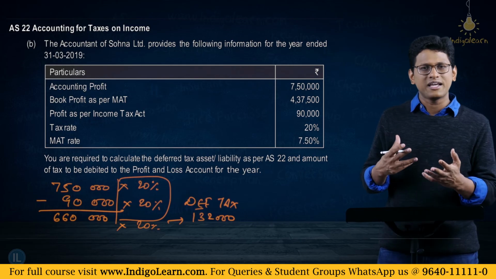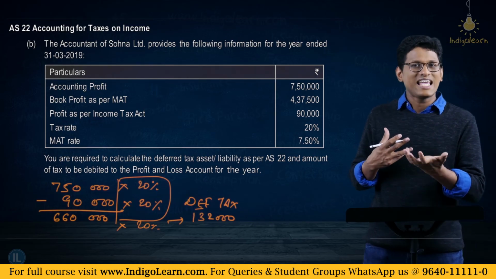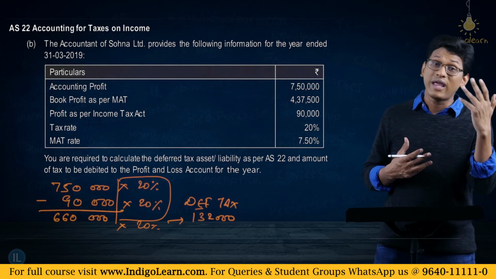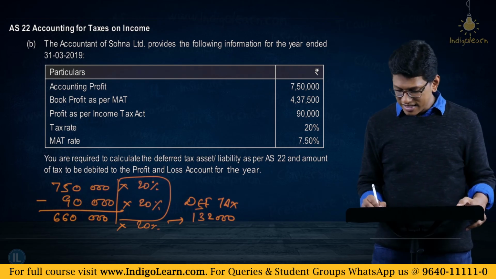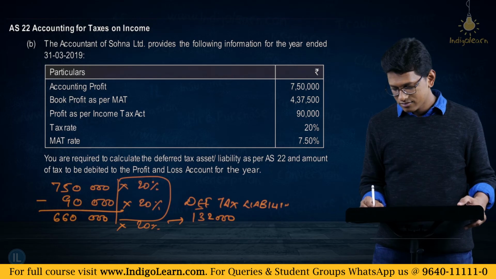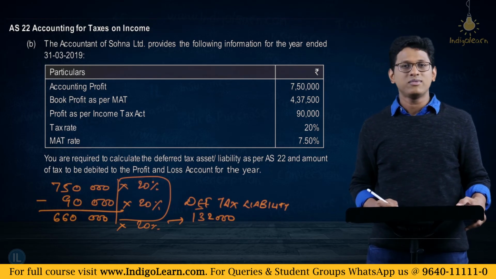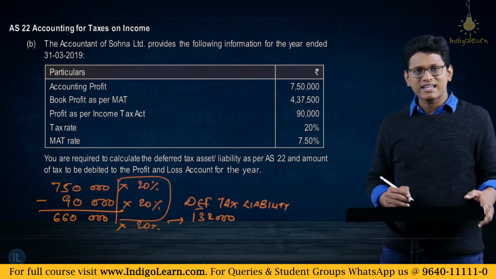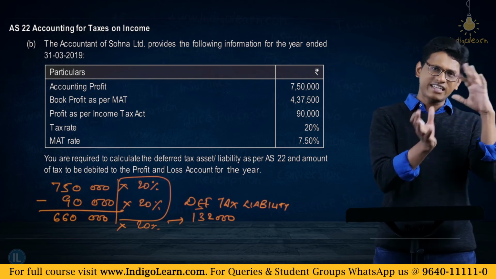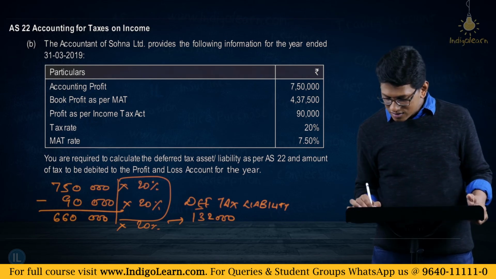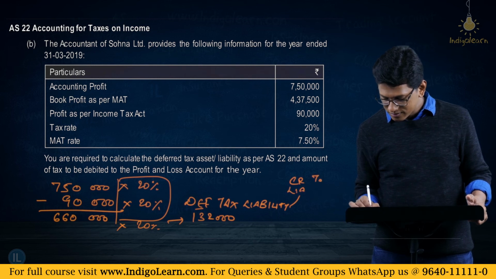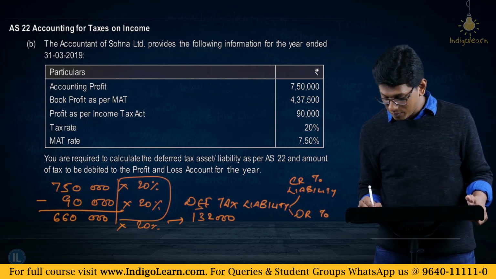Now we are basically saying we are saving now where we might pay later. So this is deferred tax liability. Okay. So this is deferred tax liability means yes, it will get credited to liability, and debited to where?